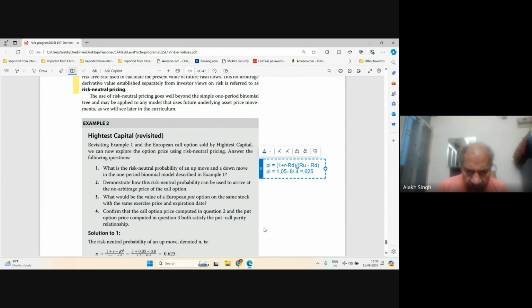Then what does it tell? Demonstrate how this risk neutral probability can be used to arrive at the no arbitrage price of the call option. So let's calculate C0.